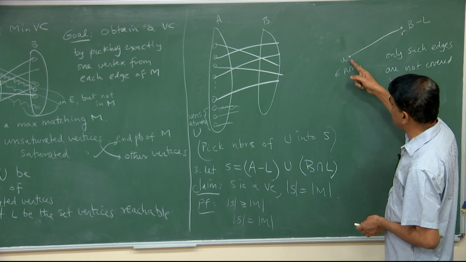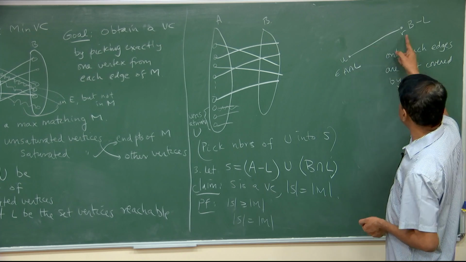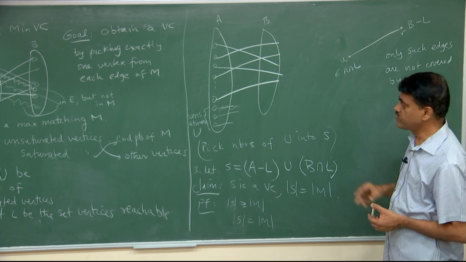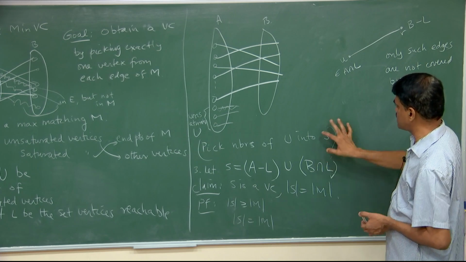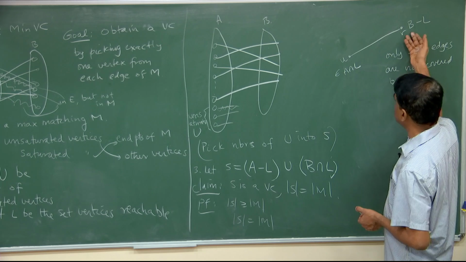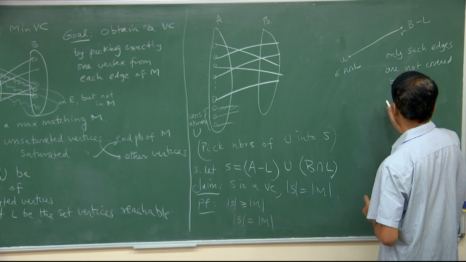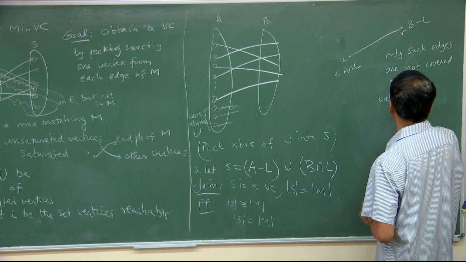If this guy is in L, then this guy will also be in L, right? If I can reach this vertex from an unsaturated thing, then this guy I can also reach. So why would it be not in L? Okay, but no such edge is possible.